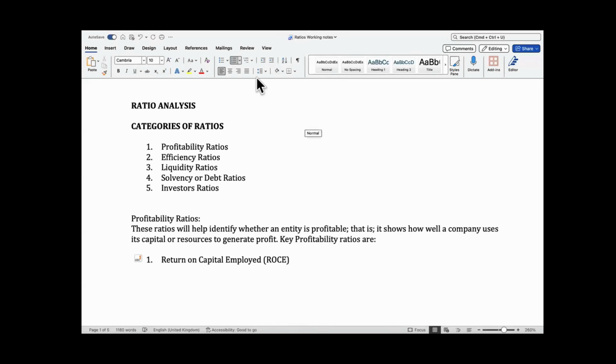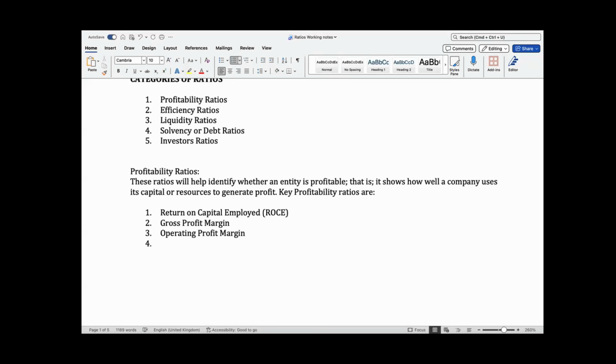Okay, let us proceed. So the key profitability ratios that you need to be aware of for your exams: there is return on capital employed, there is gross profit margin, there is operating profit margin, there is cost of sales ratios.